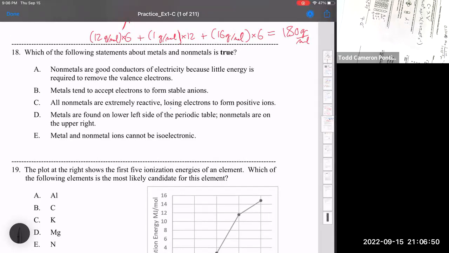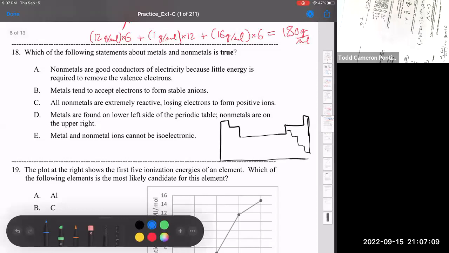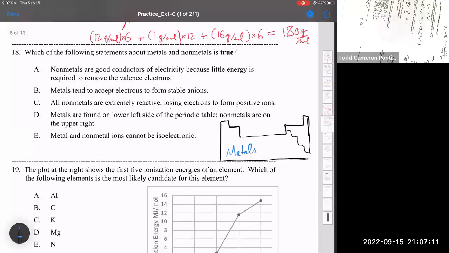Okay. Which of the following statements about metals and nonmetals is true? On the periodic table, we have our metals over here.